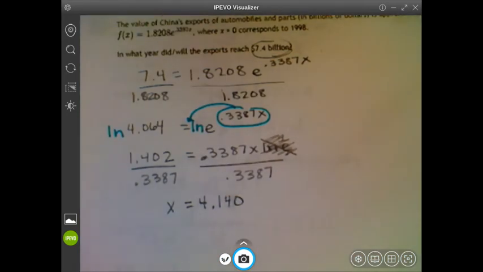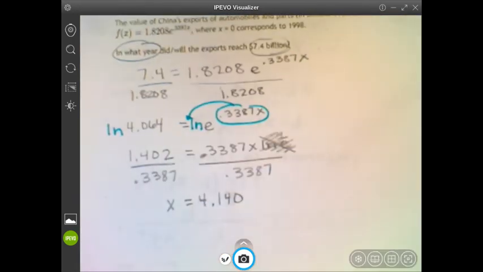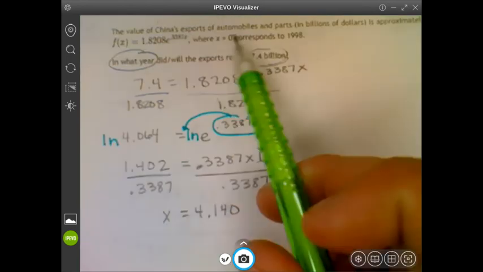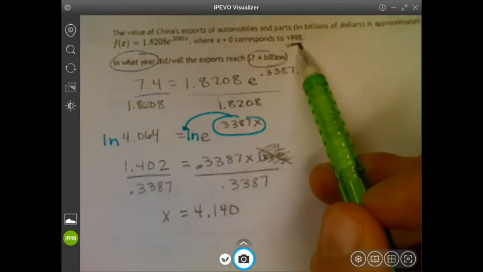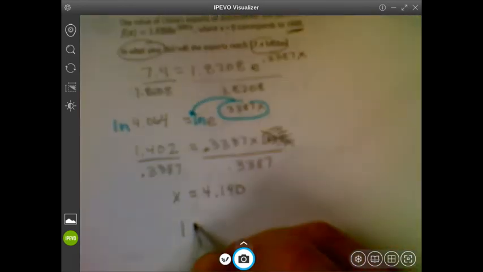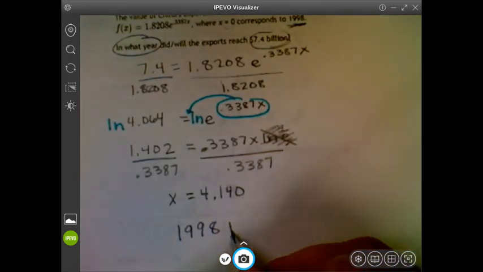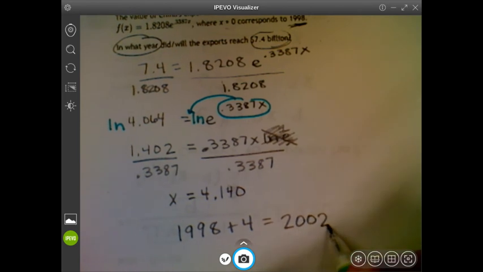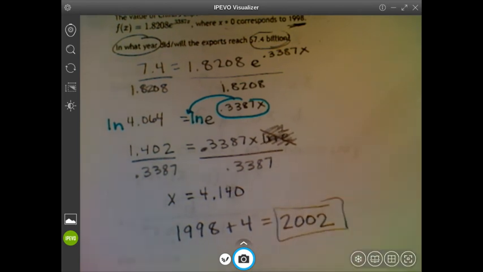All right, and so then we have to go back and make sure that we answer each of the questions. So we got a value for x, but the question says in what year? So does it make sense to say that in year 4, it's saying specifically what year? And it did tell us when x is 0 corresponds to 1998. So what we can do is take 1998, add 4 years to it, and that's going to happen in 2002. So the year would be 2002.